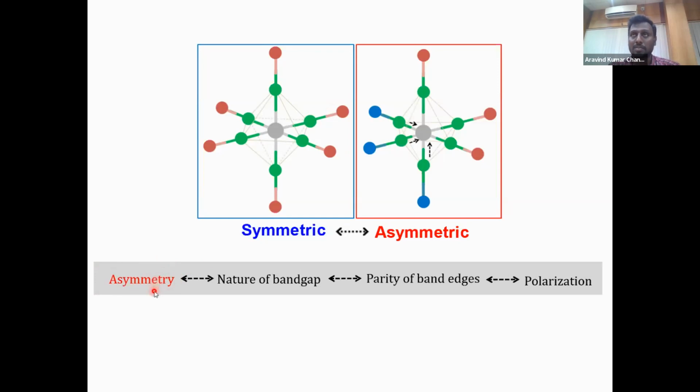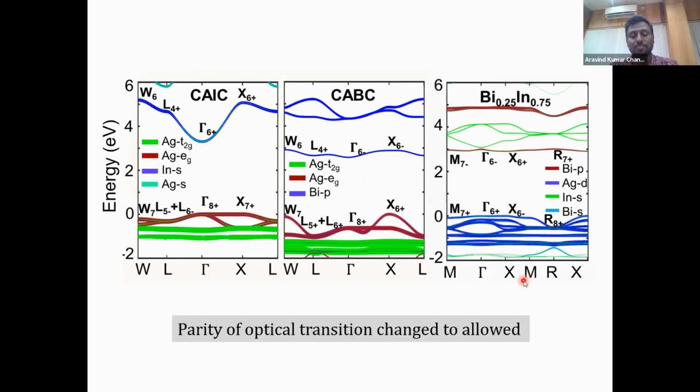In fact, at the beginning we proposed so many options. Now I'm just proposing only these three because we have clearly boiled down to the reasons: one is the nature of the band gap, then the parity of the transition at the band edges, and finally the polarization. We're going to talk about each of these parameters and see how these contributed to the anomalies, or the new results, that I've shown in the previous slides.